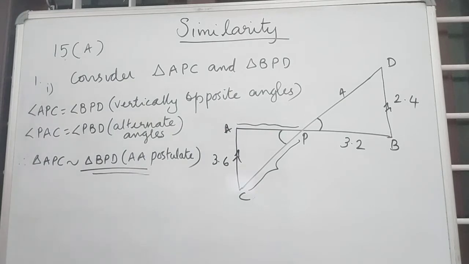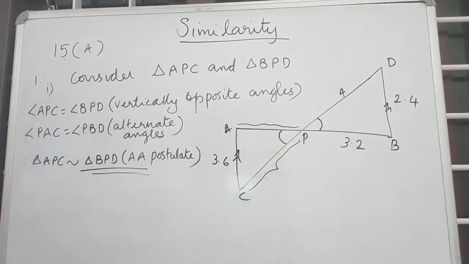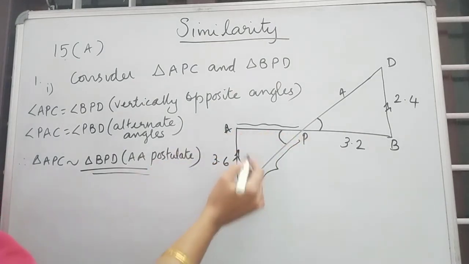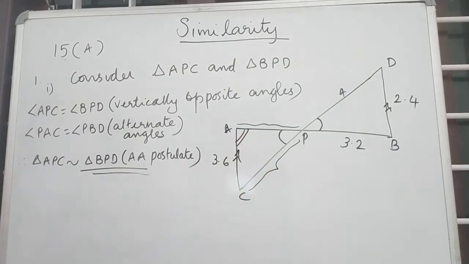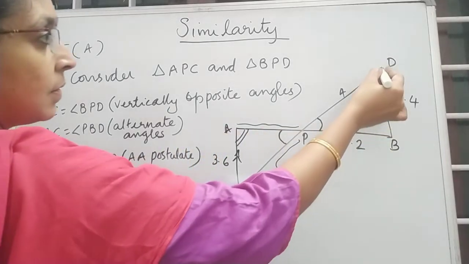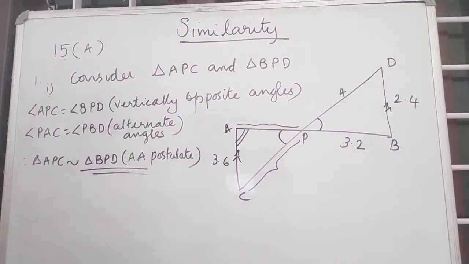Then look at angle PAC. AC is parallel to BD and AB is the transversal. These two are parallel lines and AB is the transversal.